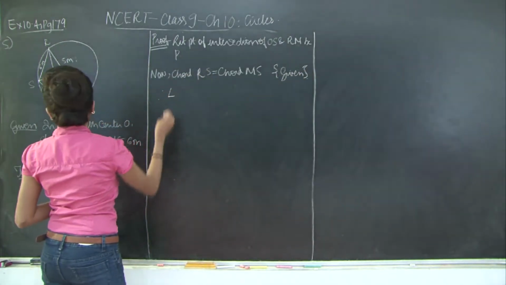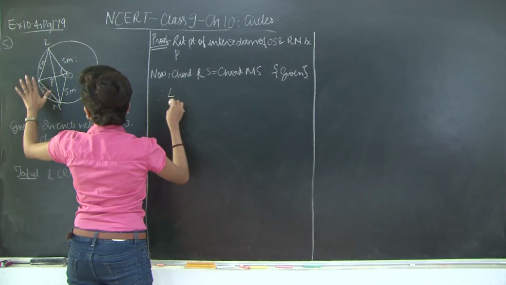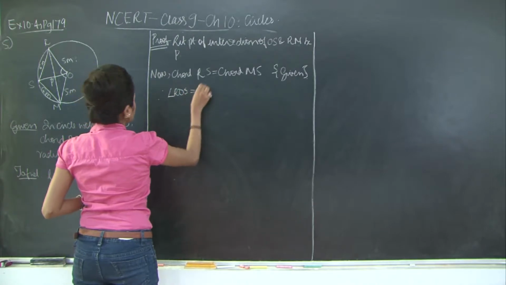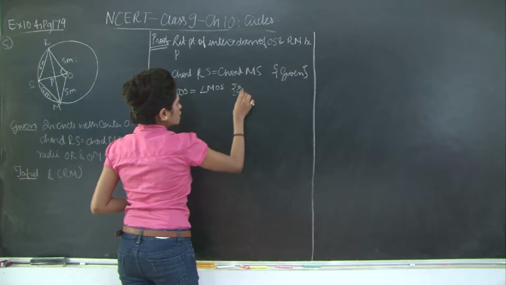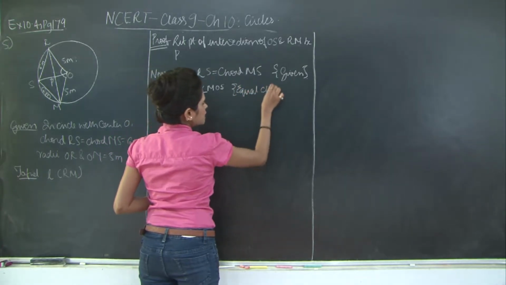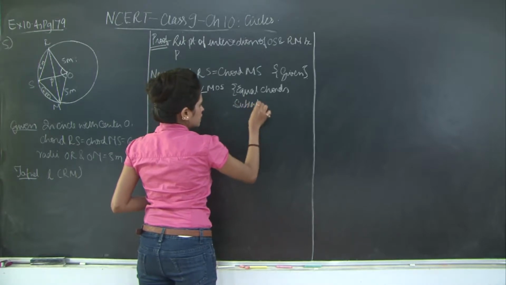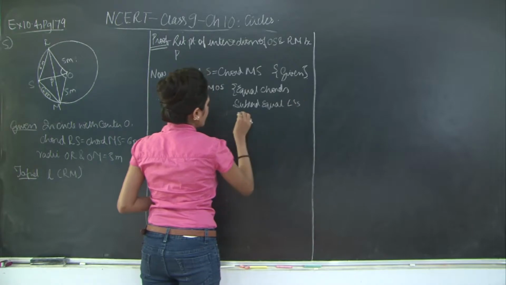Therefore, since RS is equal to MS, angle ROS is equal to angle MOS, because we know that equal chords subtend equal angles at the center.